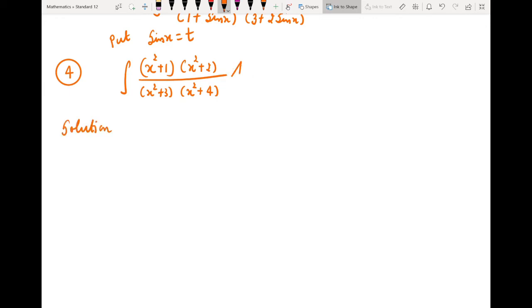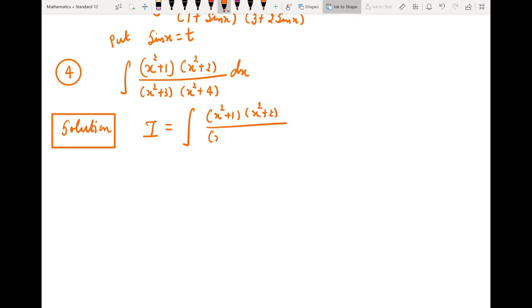So let us discuss the solution. First we denote this integration by I, x square plus 1, x square plus 2, x square plus 3, x square plus 4, dx.